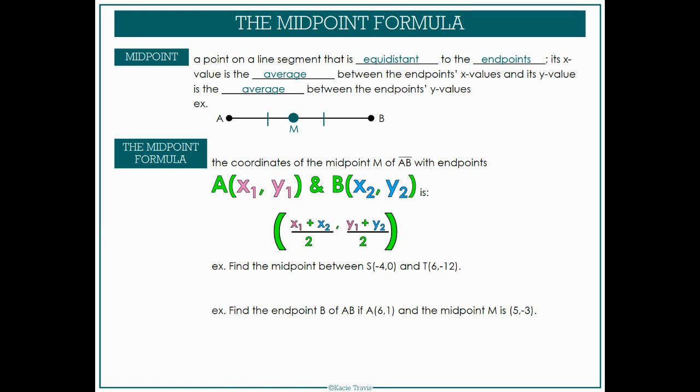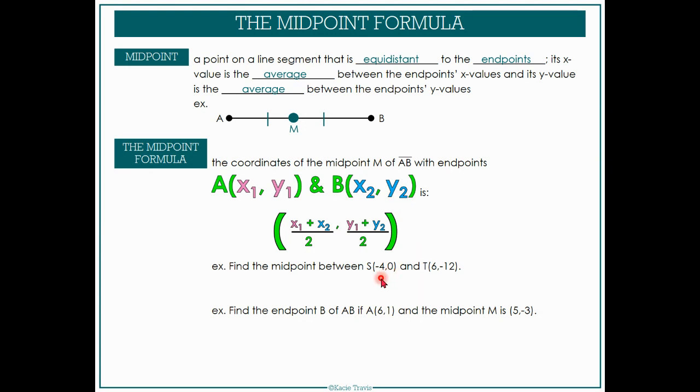So we're finding what's in the middle between these x values and what's in the middle between these y values. Really, this is as simple as looking at the values and then finding out what number is directly in the middle of them. So let's look at some examples.